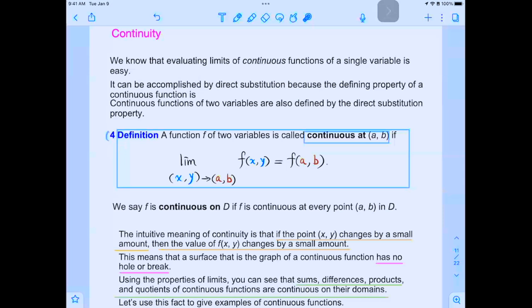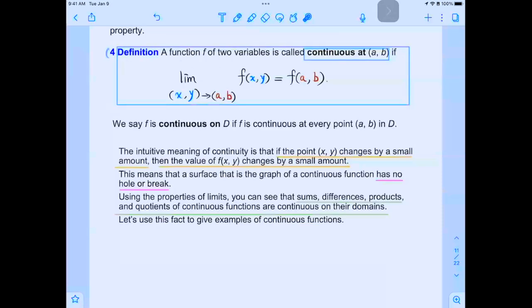The definition of continuity for a function of two variables is very similar. If x comma y approaches a comma b, and you can do a direct substitution of a comma b that equals the function value, then the function is continuous at a comma b. That's the definition.